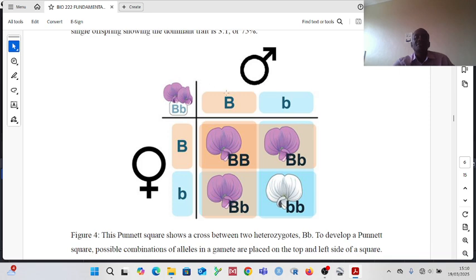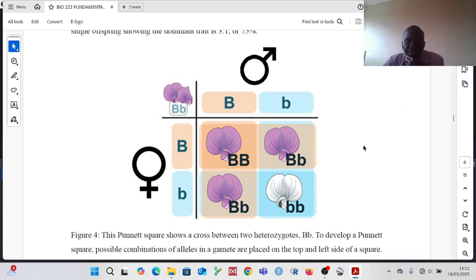So you have a dominant and a recessive, a dominant and a recessive. So when we begin to cross them, when they begin to fertilize, the fertilization is random. Okay? So it is possible that the male will have his dominant allele crossing with the female's dominant allele. If that happens, then we have a homozygous dominant. That will give us this color. Okay?